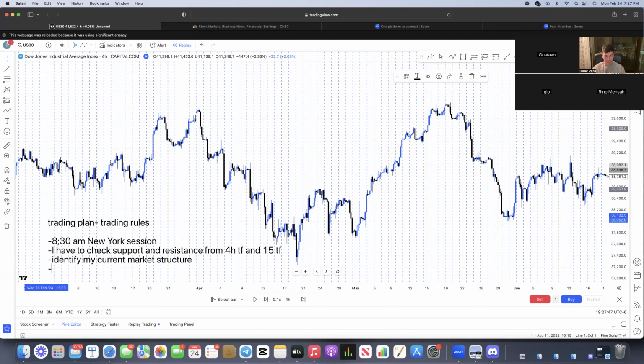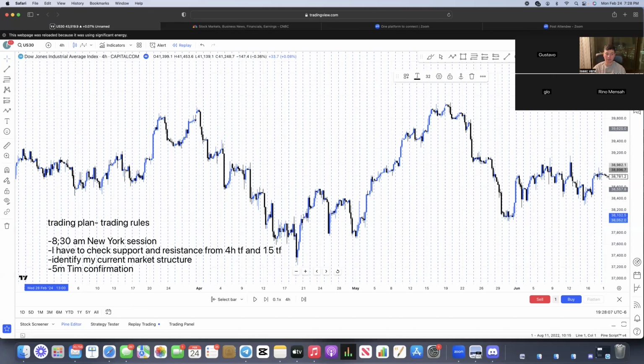The fourth thing that I always look for is a confirmation on the 5-minute time frame. I have to see a big push of momentum on price in order for me to take a sell or a buy.